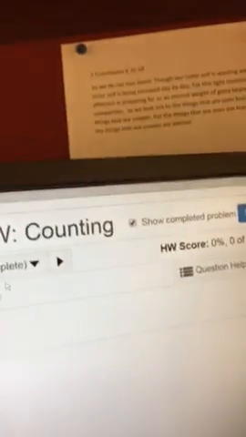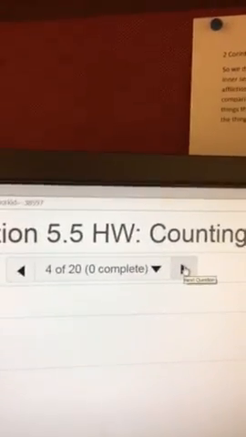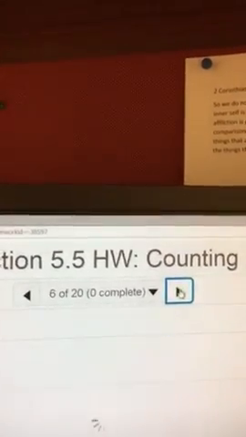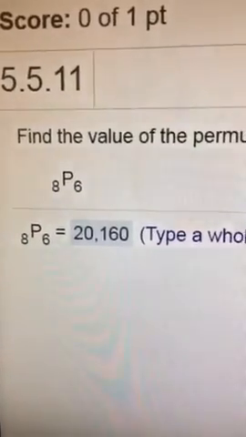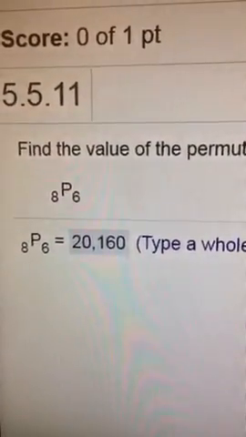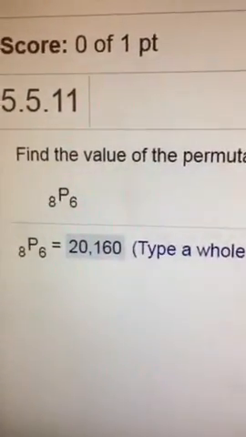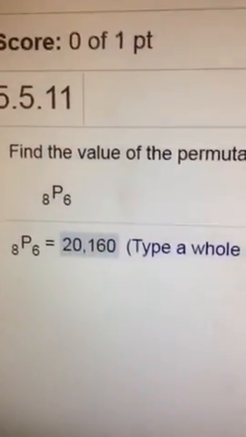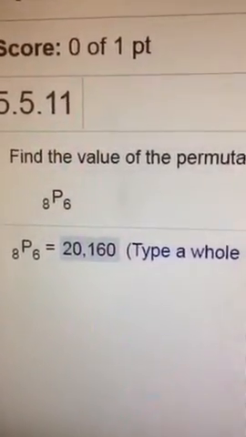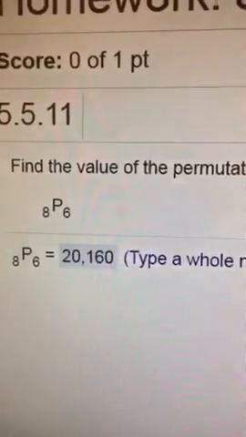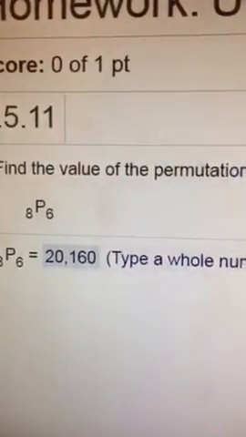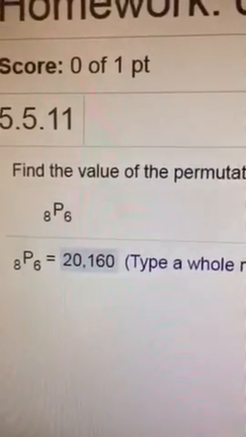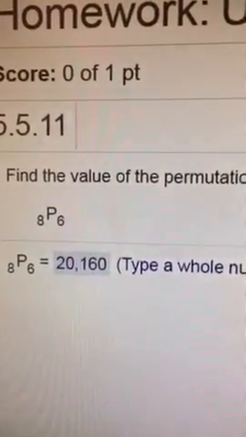Now we have some more problems in our homework. Let me find another one. We have what we call permutations, and there is a formula for this on your formula sheet, but you can use your calculator. Notice this is saying we have 8 choices, or 8 total that we can select, and out of those 8 we want to select 6, and we're trying to find out all the different ways that we can select those 6.